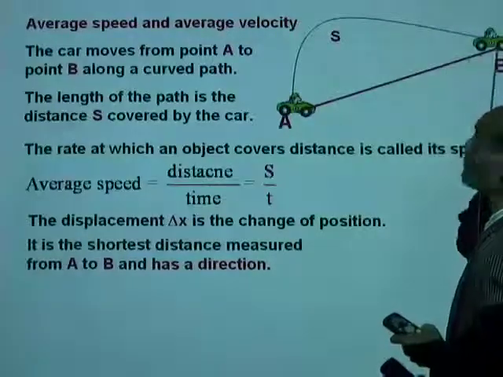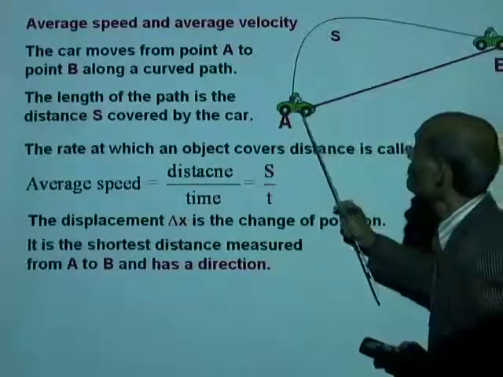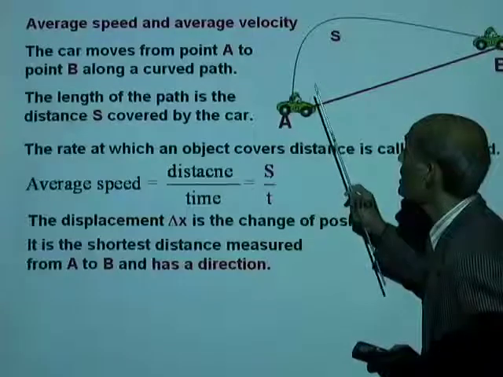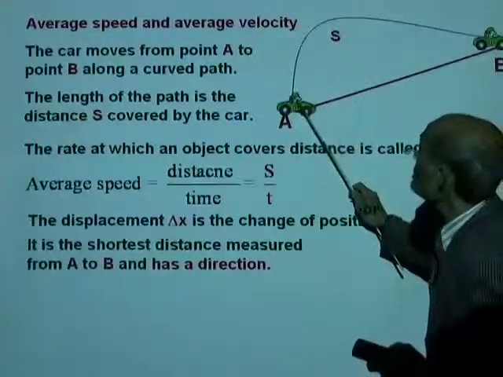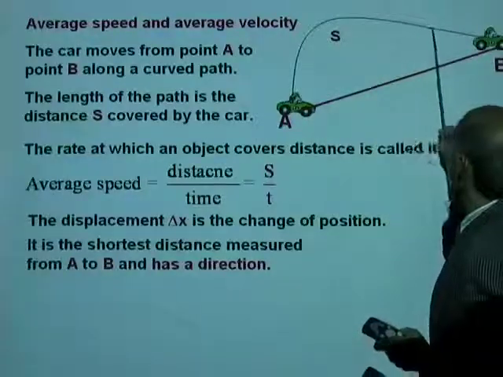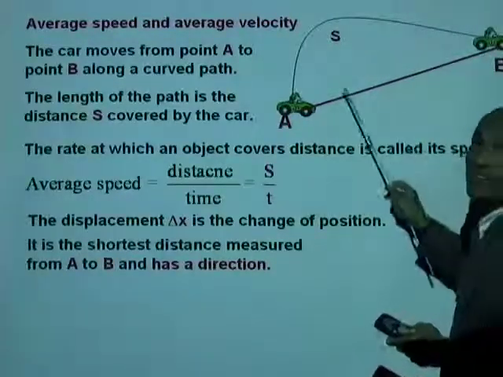Watch this. This is the displacement. It's the shortest distance measured from A to B, whereas the distance traveled is the length of the path taken.